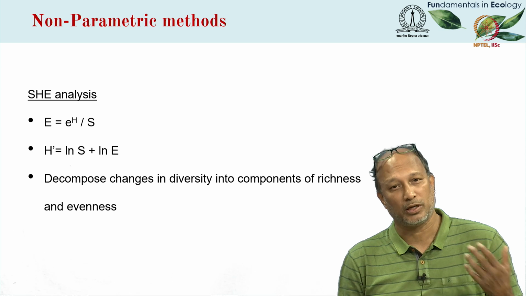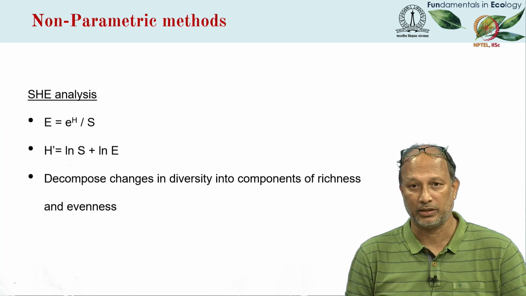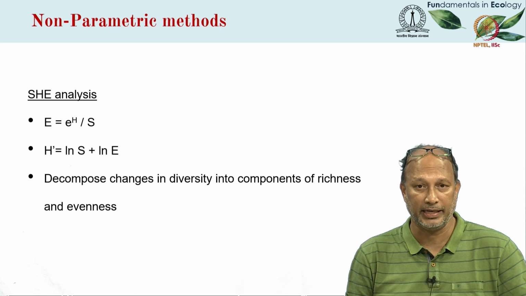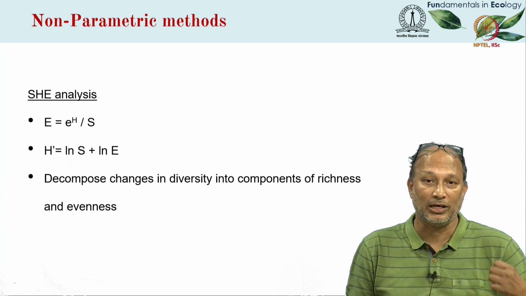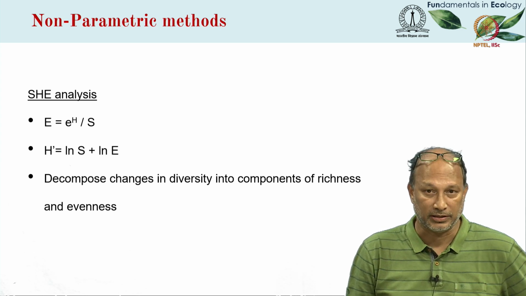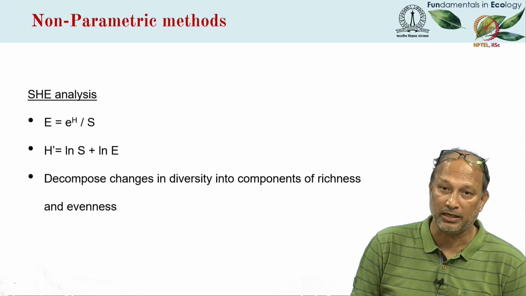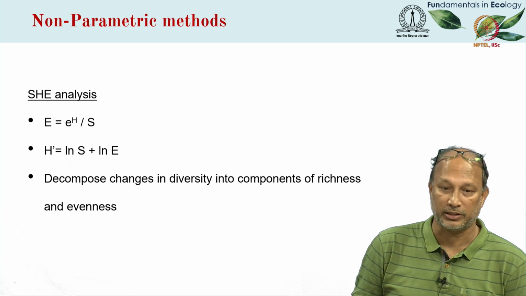One of the problems with a lot of diversity indices, if you read a paper and you find a Shannon's index or the Simpson's index, which we'll talk about in a minute, is that you look at that number and you don't know whether that number is high or low because of high richness or high evenness. And so it's useful to be able to decompose your components of diversity into richness and evenness.